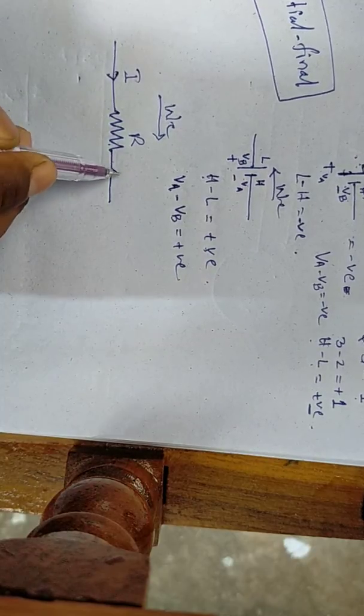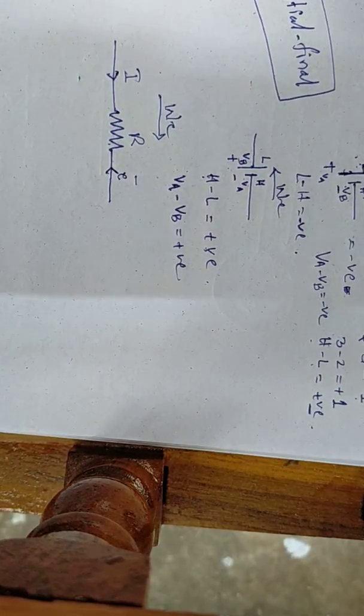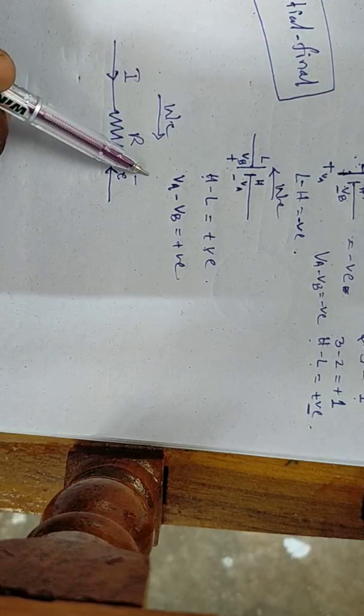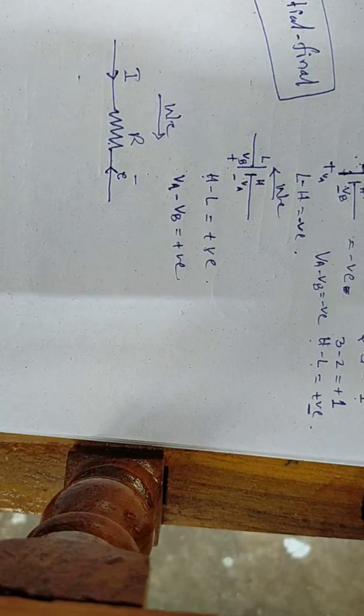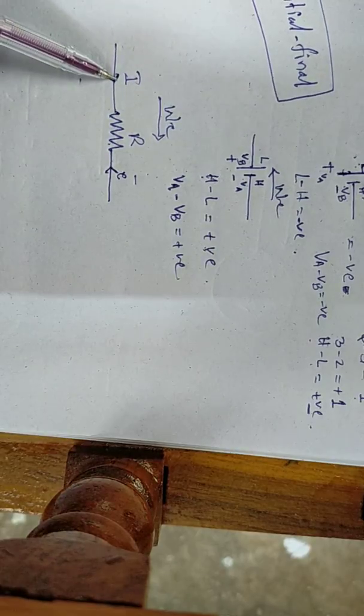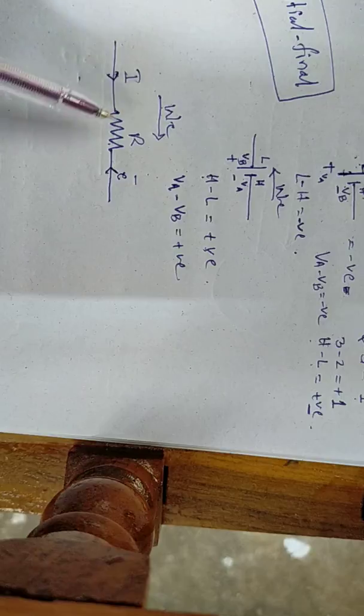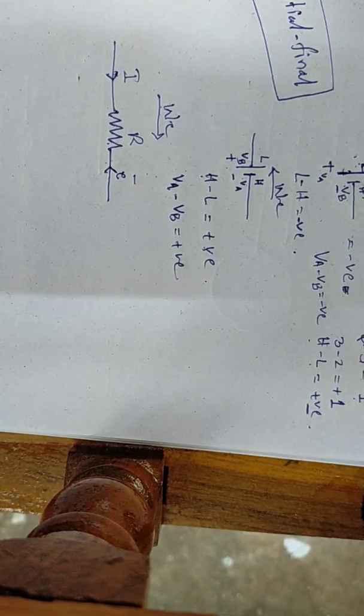The electrons move like this, opposite to the direction of current. I told you the direction of current is opposite to the flow of electrons. We are moving in the direction of current, but the electrons are moving opposite to us.